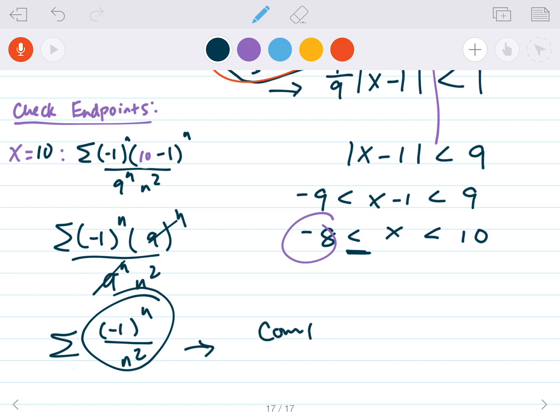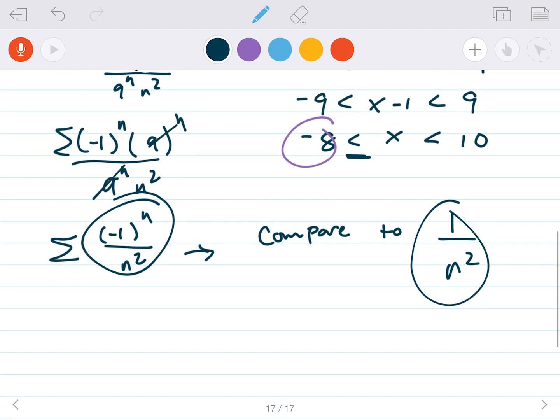Compare to 1 over n squared, which we know converges.